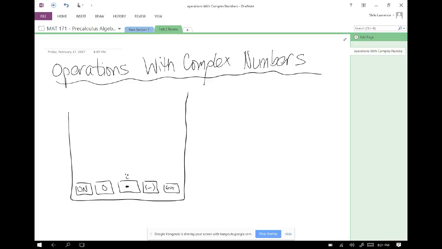The only problem with using this is sometimes the calculator will give you back a really funky answer that really means 0. So for the problems that ask you to do like 2 plus the square root of -4 times 3 minus the square root of -16, you need to put your calculator in a different mode.